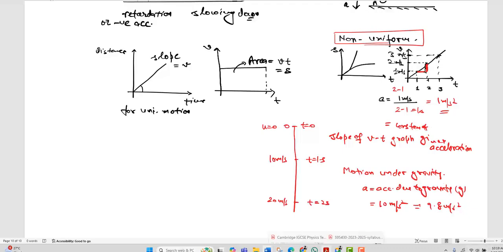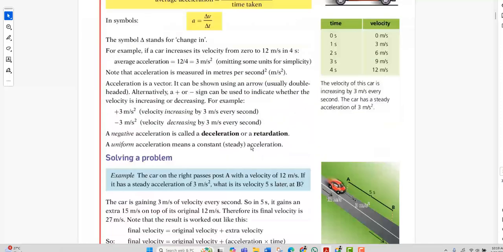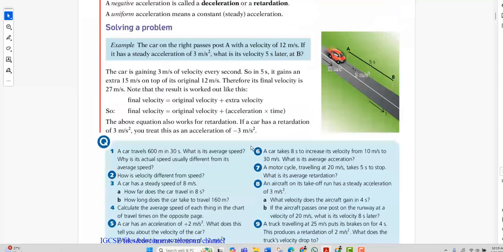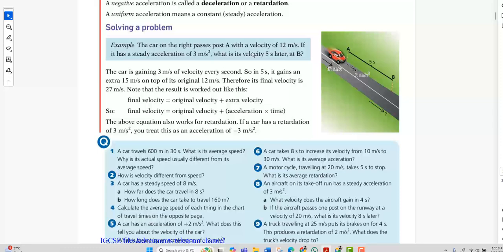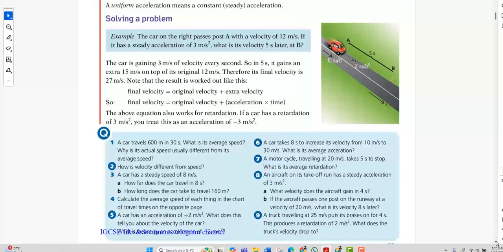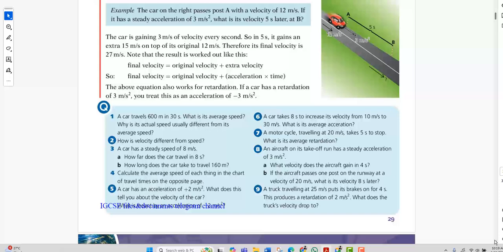Okay, nice. Now let's solve some problems. You can see the example here. The car on the right passes post A with a velocity of 12 meter per second. If it has a steady acceleration of 3 meter per second square, what is the velocity 5 seconds later? It was 12 meters per second before, so it will be 27 meters per second.